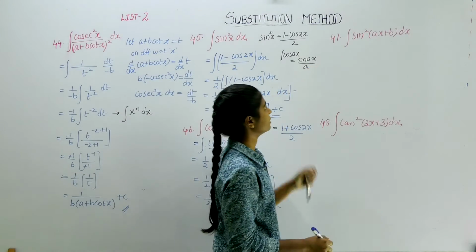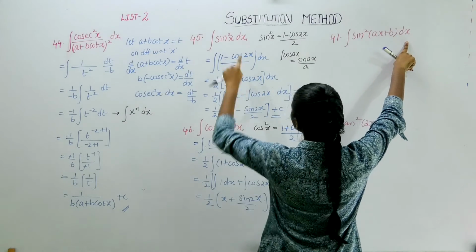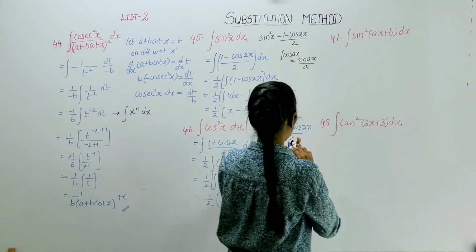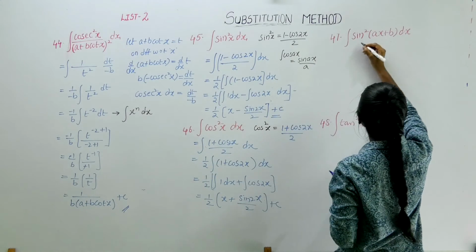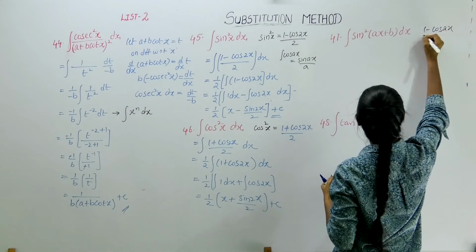Next, the 47th one. It is given as integral sin square (ax plus b) dx. This is similar; 45th and 47th are similar. So in place of sin square x, we substitute the form 1 minus cos 2x by 2.